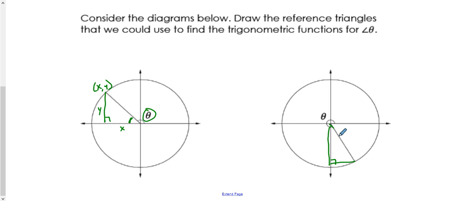But what they're doing is they're making a reference angle that is using the y-axis. We want to make our reference angle and our reference triangle always deal with the x-axis. We're talking about this thing right here. We always want to be dealing with this one here plus the terminal side, okay?